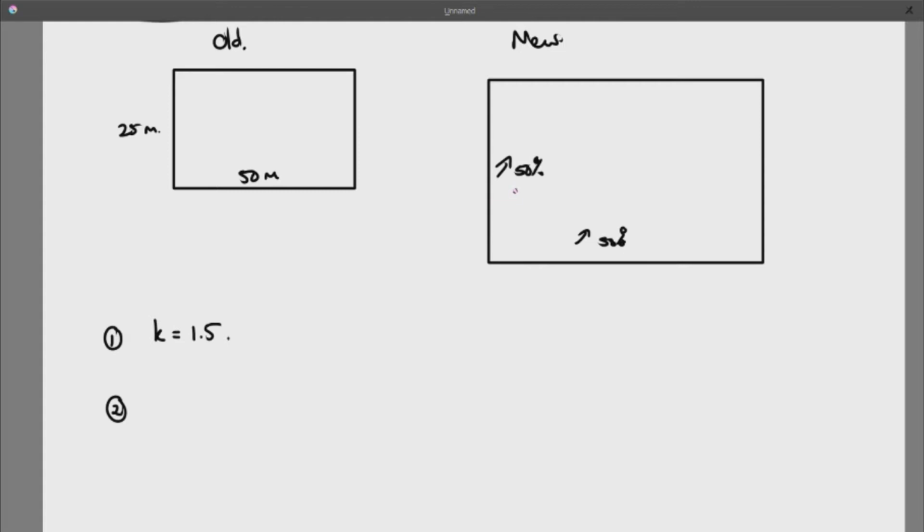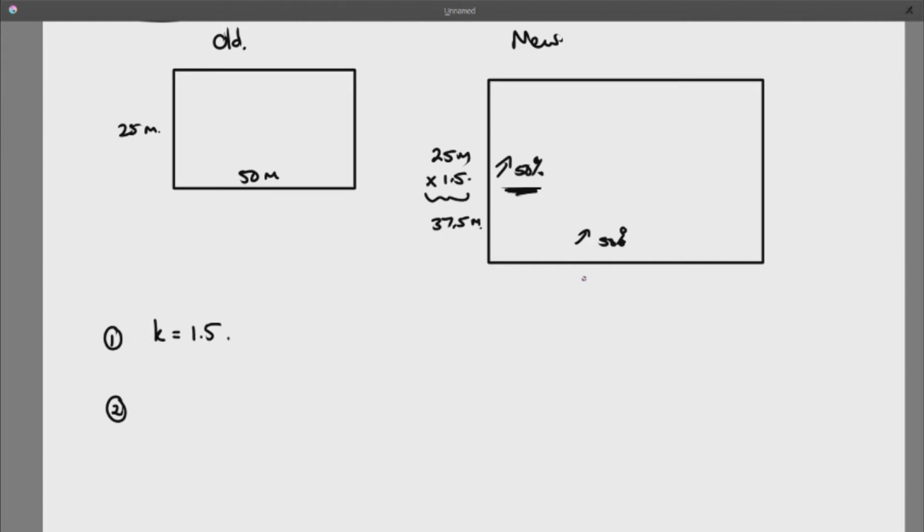So this guy over here is now going to be 25 meters times 1.5, because that's my scale factor, to give me 37.5 meters.